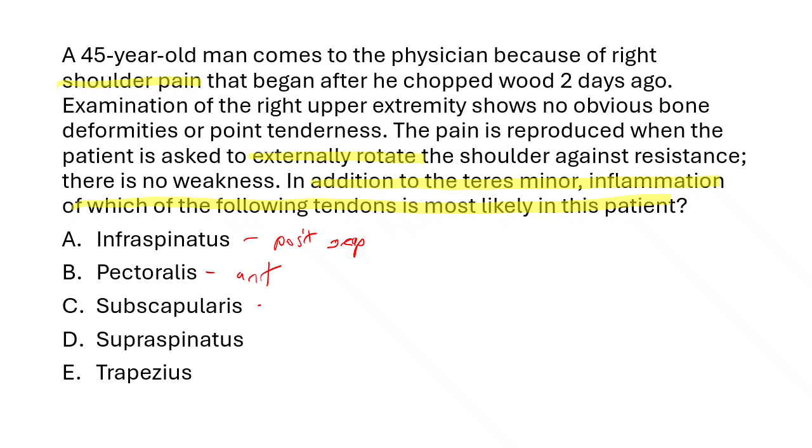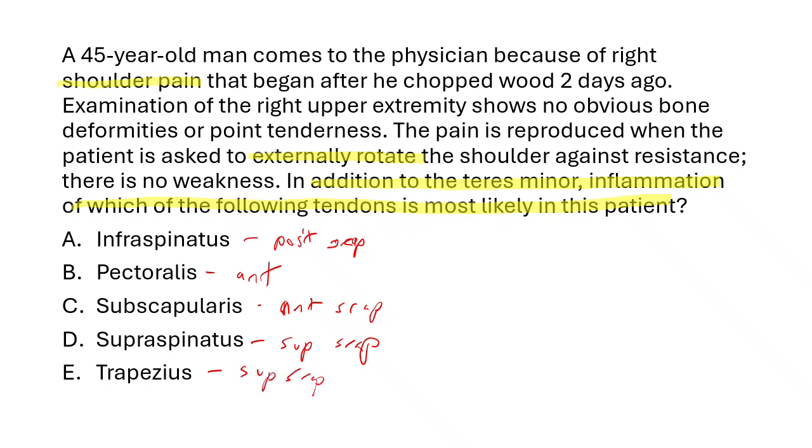Subscapularis, that's going to be between the scapula and the thoracic wall, so we'll just say anterior scapula. And then supraspinatus, that's going to be our superior scapula. And we've got our trapezius, which sits kind of on top of that supraspinatus, in that same area from what I remember. So superior scapula.